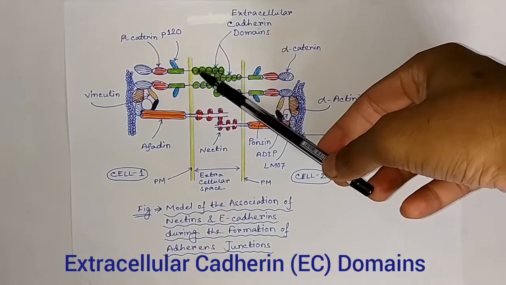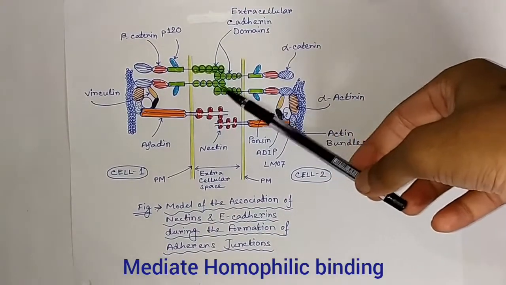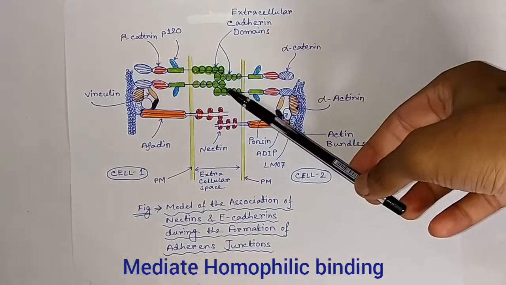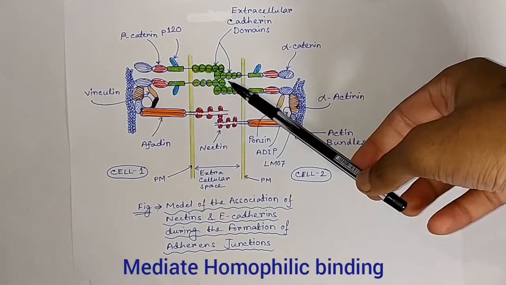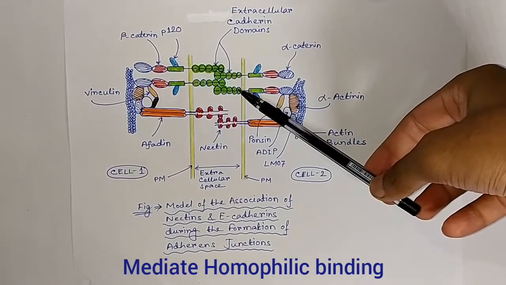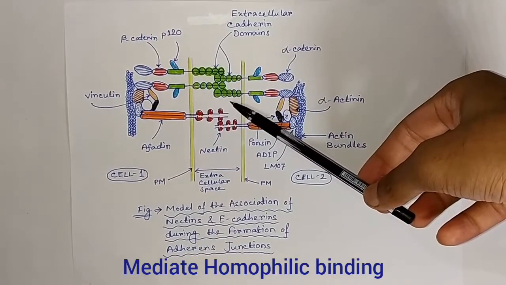The extracellular domains mediate homophilic binding at adherens junctions. That means cadherin molecules of a specific subtype of one cell bind to the cadherin molecules of the same or closely related subtype on adjacent cells.